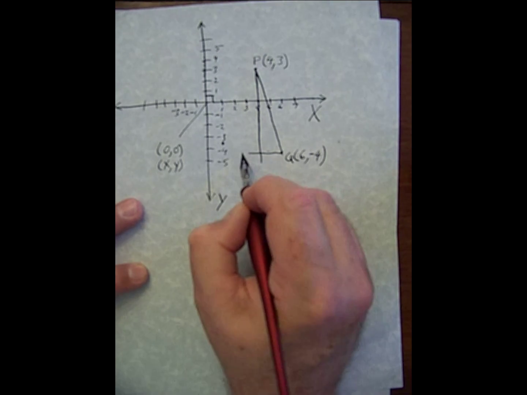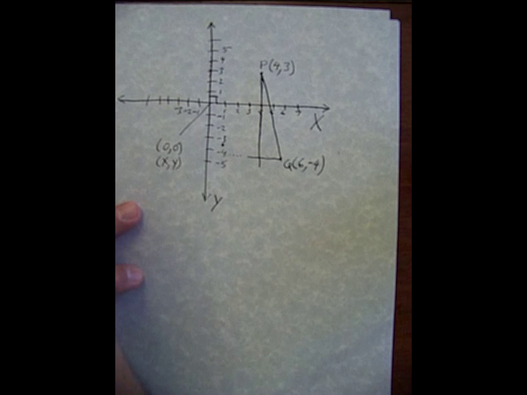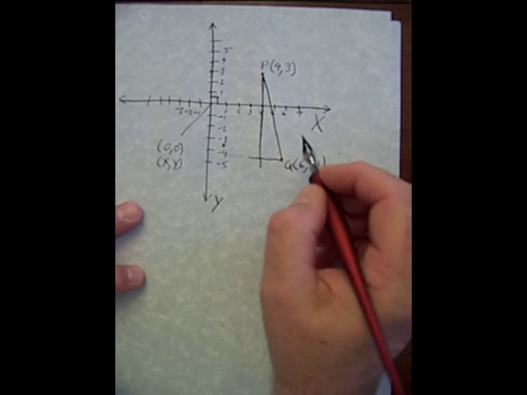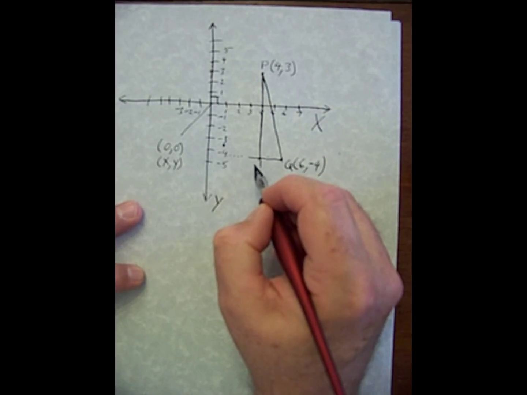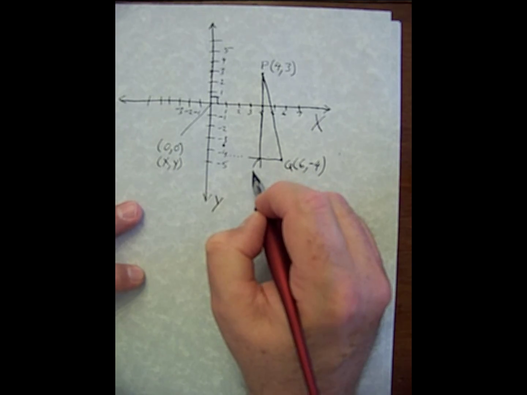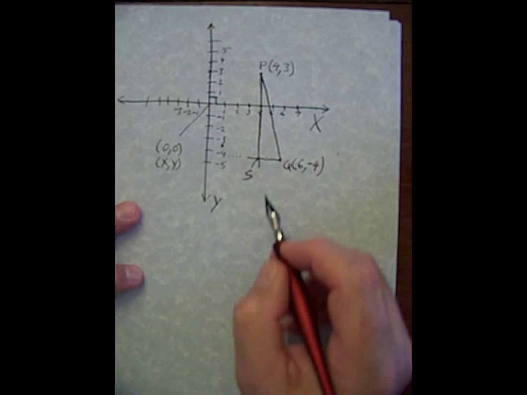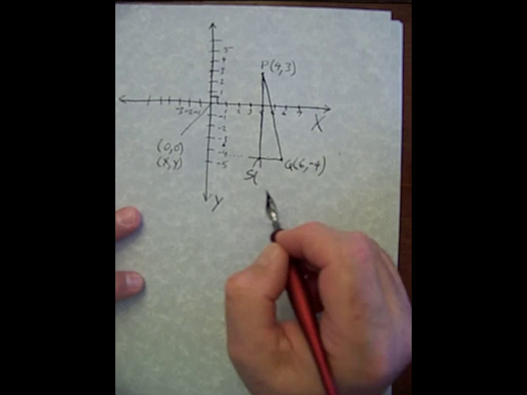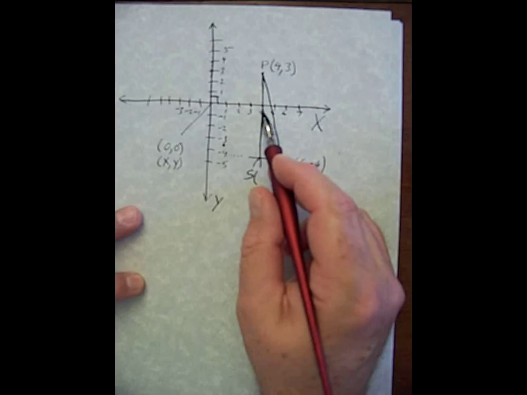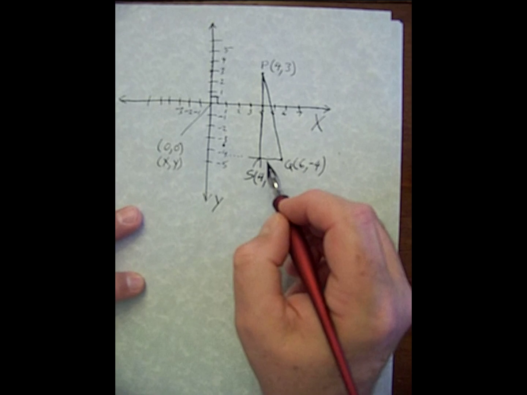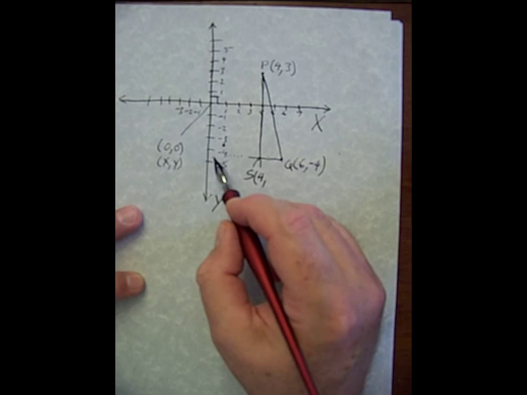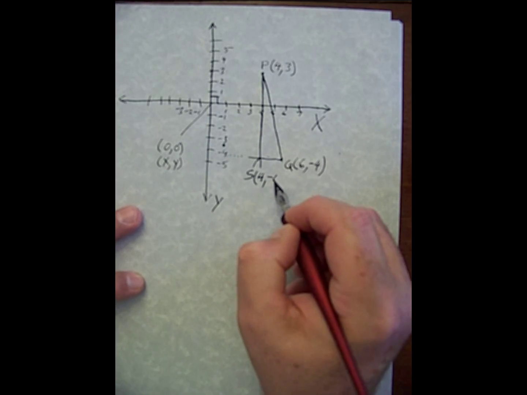And again, we're going to pretend like that would have hit -4 if I had drawn all this, right? And we're going to define this new point here. We're going to call it S. So S has coordinates of x-axis 4, y-axis -4.